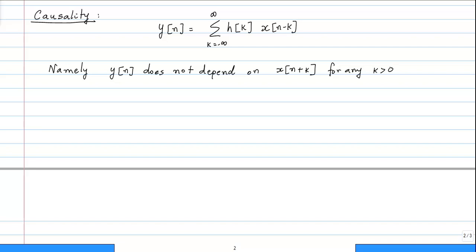Notice that I have k strictly greater than 0 here. Or equivalently, we can say y of n does not depend on x of n minus k for any negative values of k.